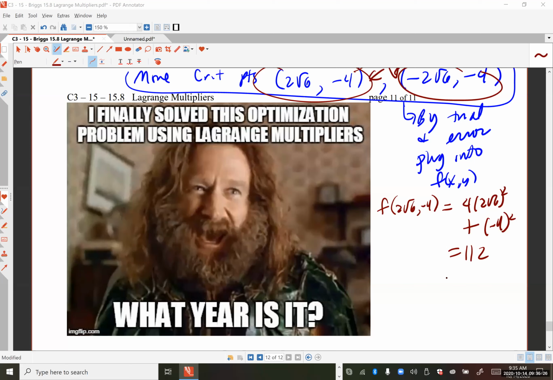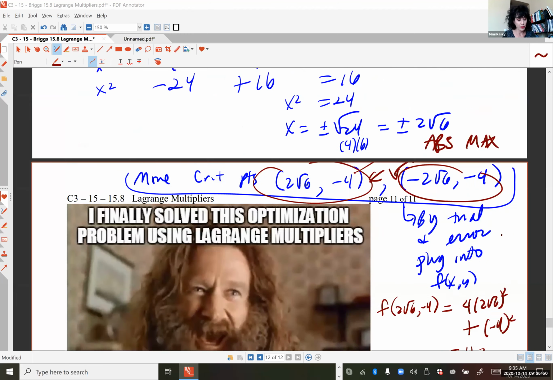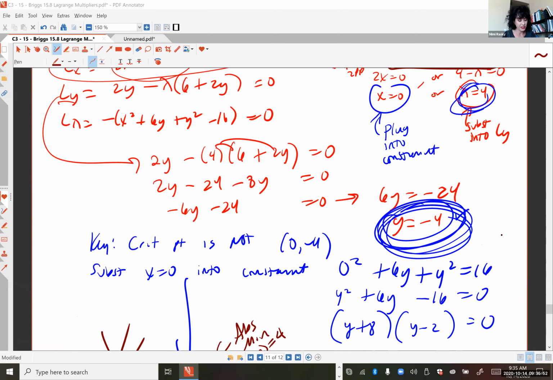Are you still awake, or maybe when you're working on your homeworks, you might feel like this guy, stuck in prison and growing a beard, or in quarantine or whatever. What year is it? I finally finished it. I fell asleep half an hour ago. Yeah, well, when I teach differential equations, if you thought that problem was involved, and yes, it was, look at all this crap that we did just to solve the one problem.